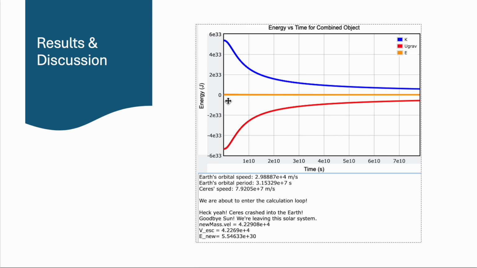But I want to clarify, this is not actually at 0. This is 5.54633 times 10^30 joules. It just looks basically 0 because the kinetic energy of the new mass is so large.